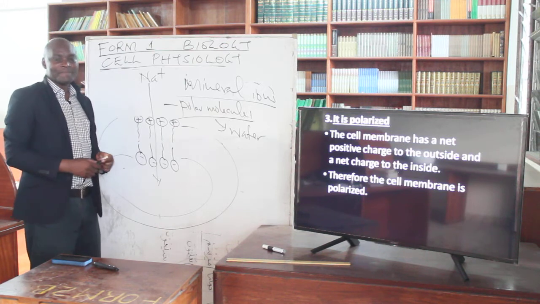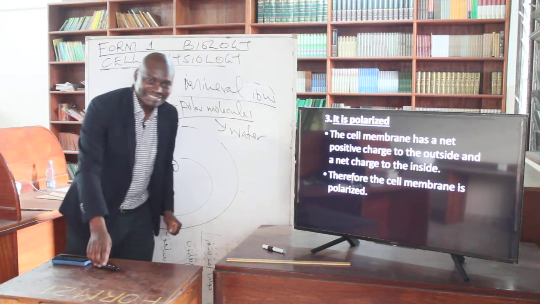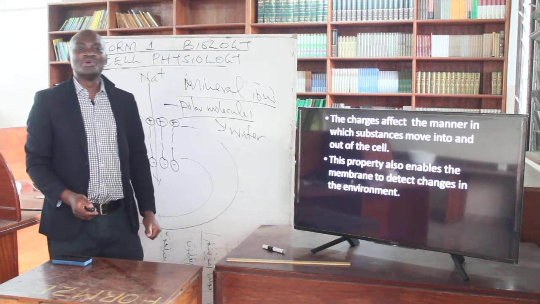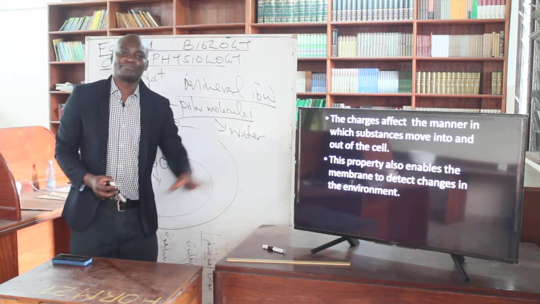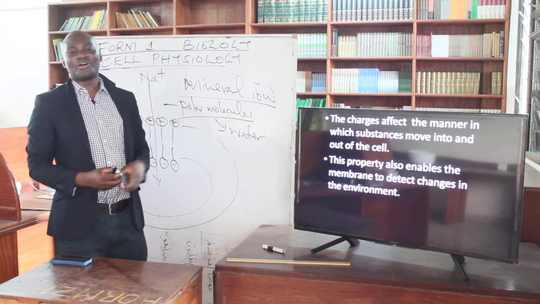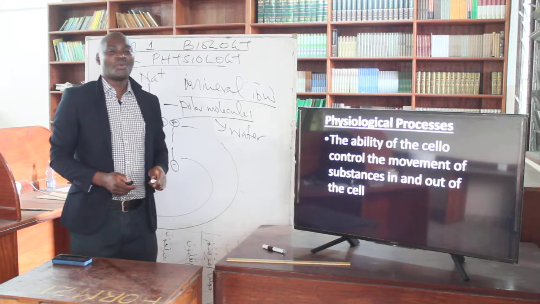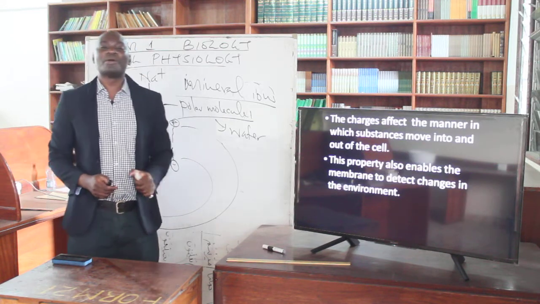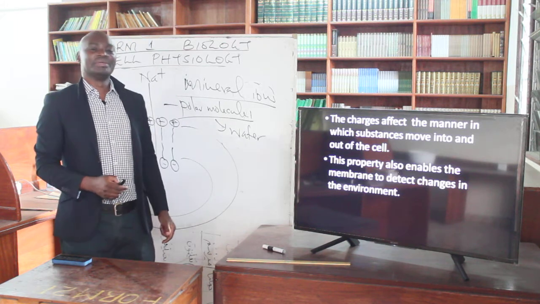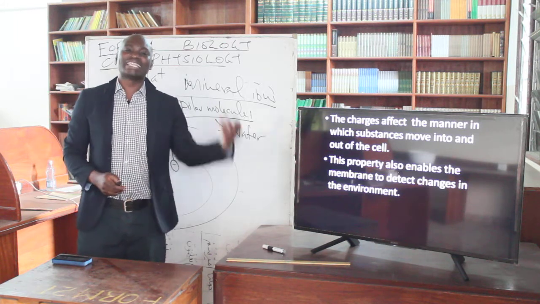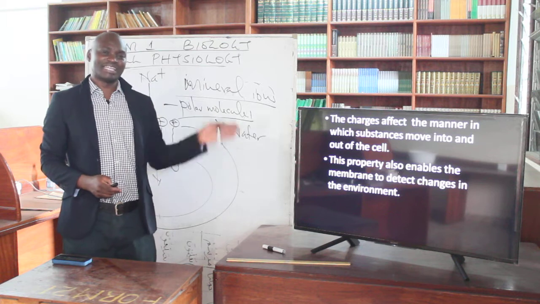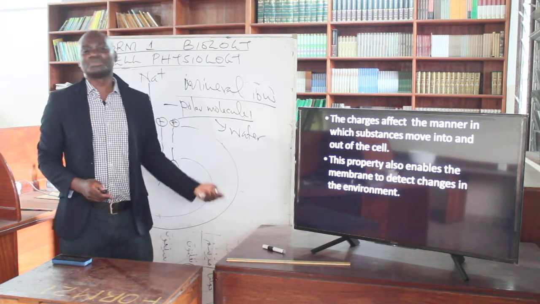So to summarize, we have looked at the three properties of the cell membrane. One, we have talked about semi-permeability, meaning it is semi-permeable or selectively permeable. It will select what gets into the cell and what is blocked.